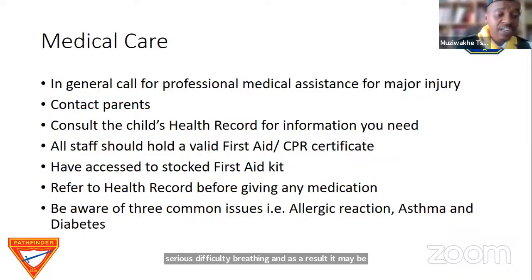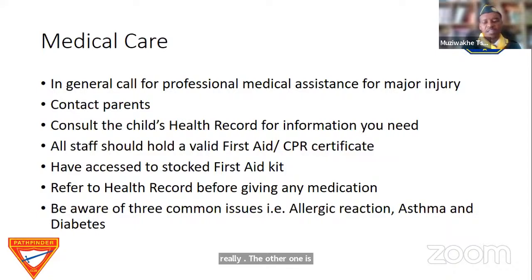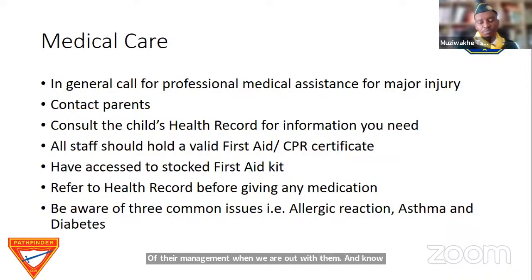The other one is diabetes. There are some children who may actually be diagnosed with diabetes, and in that case, we need to be aware of their management when we are out with them and know what needs to be done. Okay, so these are very important points that we need to be aware of.